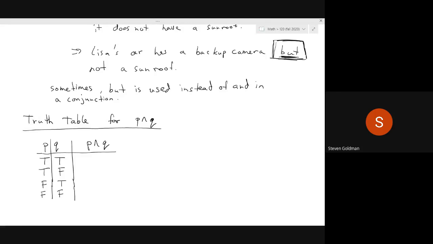So it's only true when both P and Q are true. All right. So in the first case, when P and Q are true, the conjunction will be true. When P is true but Q is false, the conjunction will be false. Third case also, when P is false, Q is true, the conjunction is false, and the same thing in the last one, both are false, so that sentence will also be false.